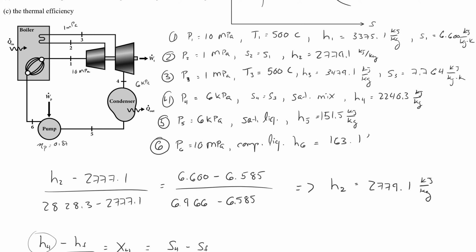Okay, so the first thing we need to do is pop on some isobars. I'll do this in red, and there'll be 3 isobars. There's going to be a 10 megapascal isobar, right under that a 1 megapascal isobar, and then down here, much lower pressure, a 6 kilopascal isobar.